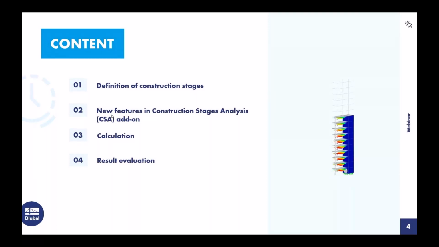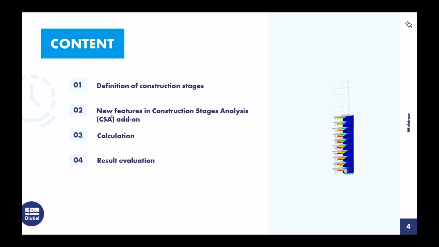One quite simple example in the beginning to show some basic principles of the construction stages analysis in combination with the time-dependent analysis, especially regarding long-term deflection or long-term behavior regarding creeping.